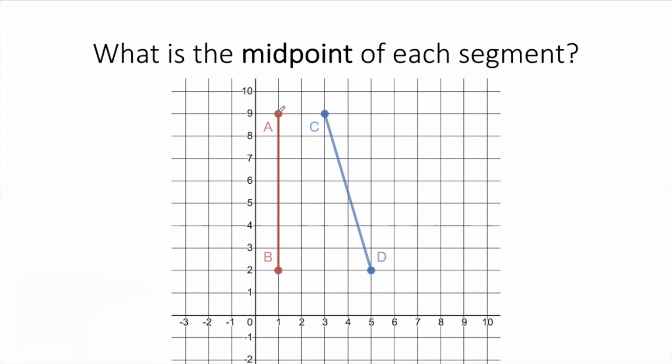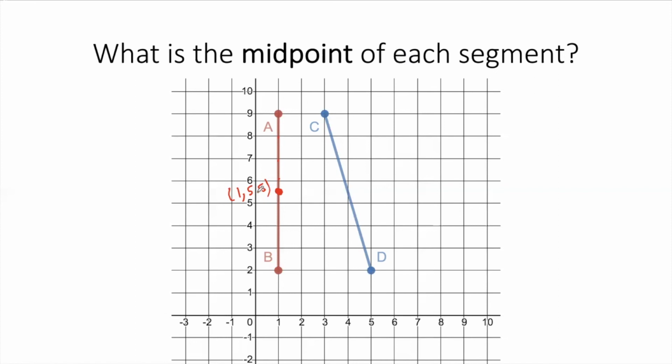So if we start here at the top, or you can start at the bottom, but we'll just count 3.5 units. So 1, 2, 3.5, and that is the midpoint. And so the coordinates of that point, so the x coordinate is 1 and the y coordinate is 5.5. So the midpoint of segment AB is 1, 5.5.